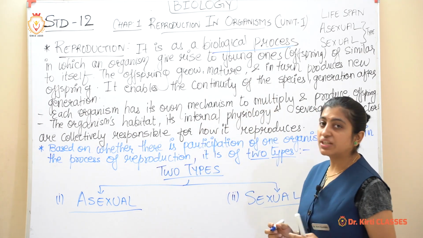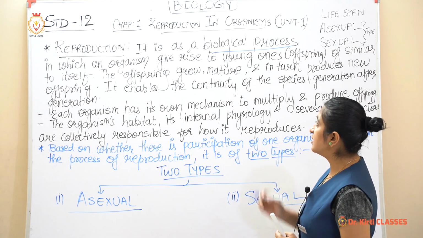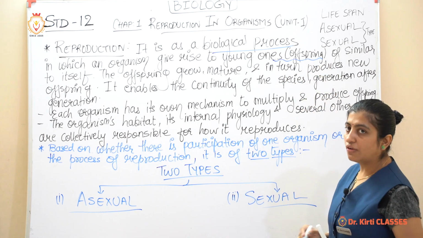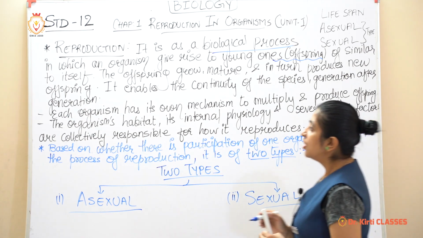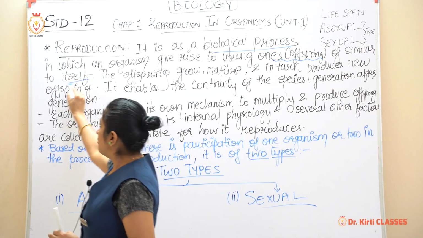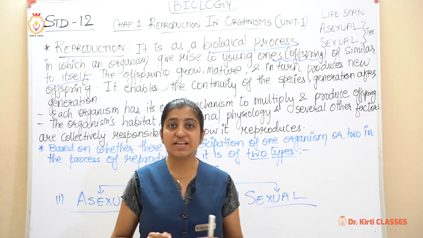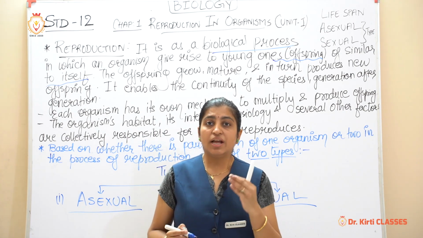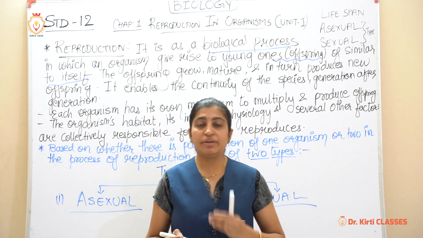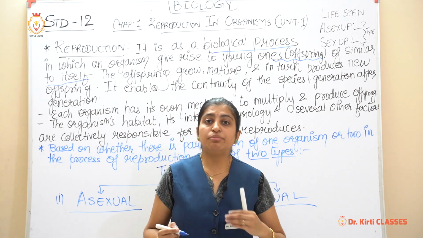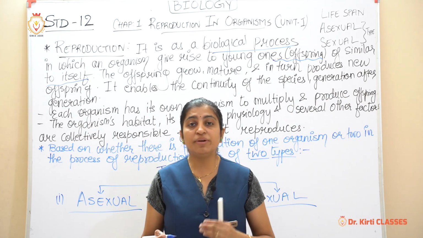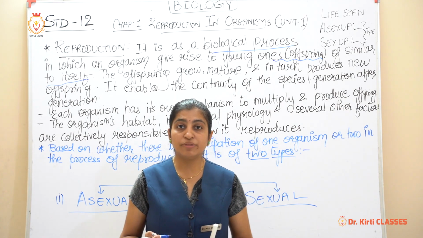It is a biological process in which an organism gives rise to young ones, which can be called offspring, similar to itself. Why is it so? For example, an elephant gives birth to an elephant only, the dog gives birth to a puppy, the cat gives birth to a kitten, the goat gives birth to a kid, human beings again give birth to a human baby.